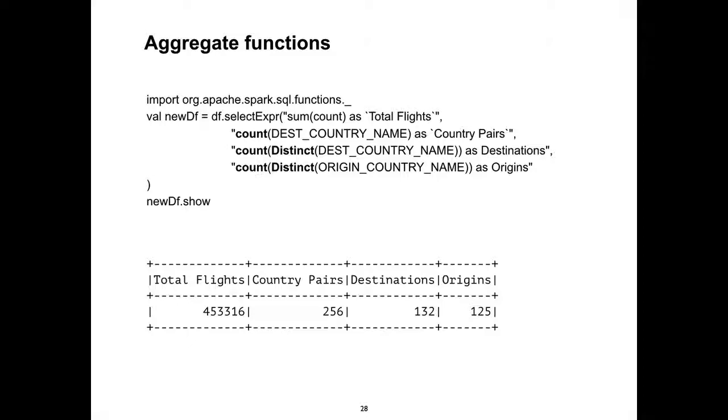Count destination country names is basically just counting how many elements are in that column, which is basically the same thing as the number of rows we have. Distinct on that column says, give me all the distinct values in that column, and then I can count those.